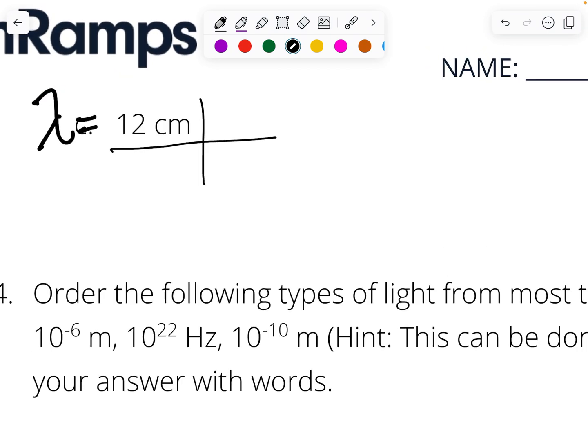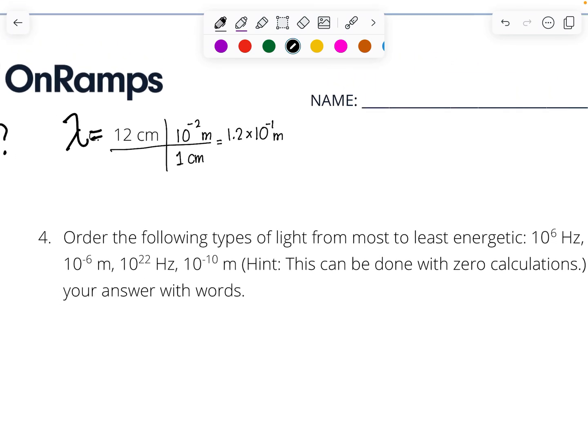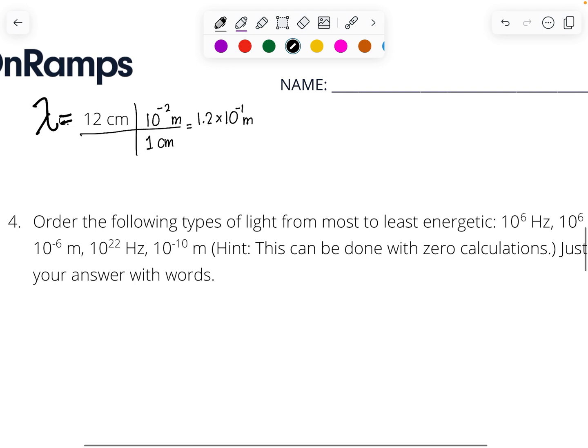There's 100 centimeters, so that's going to be 10 to the negative 2 meters in 1 centimeter. So let's put that in correct scientific notation: 1.2 times 10 to the negative 1 meter. And I'm going to do it like this so that it keeps it in scientific notation and it's easier to kind of put it in there.